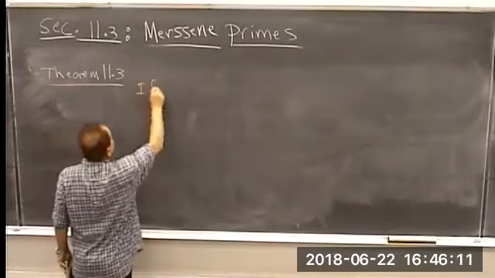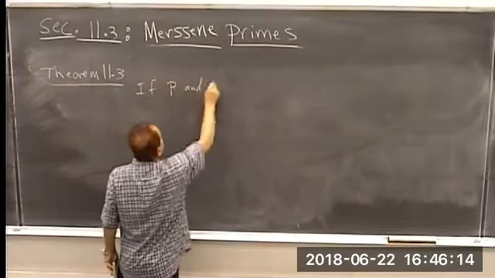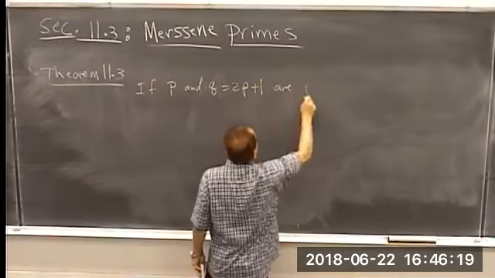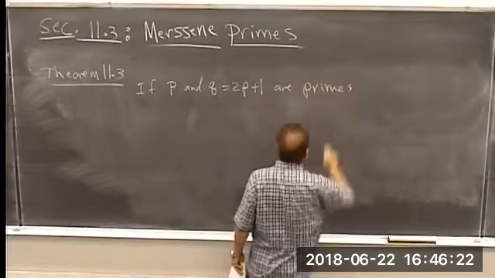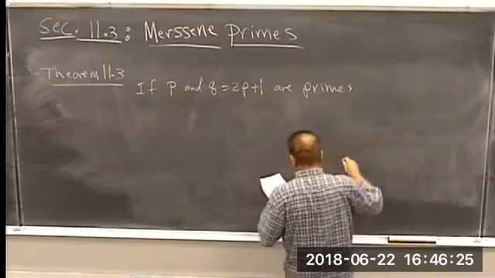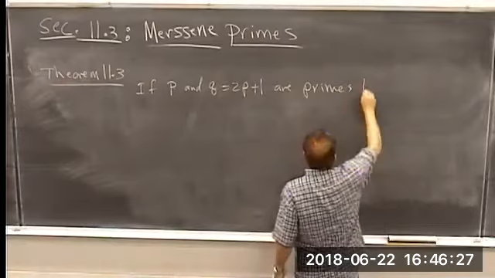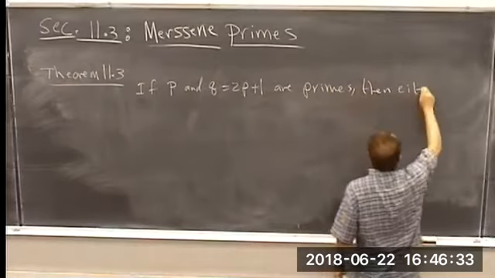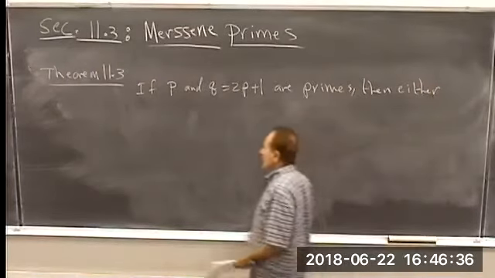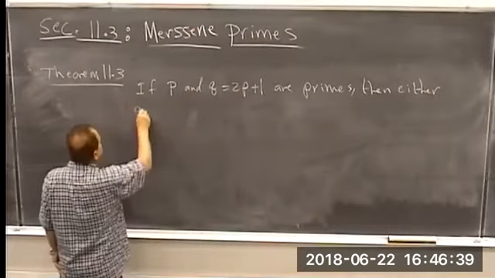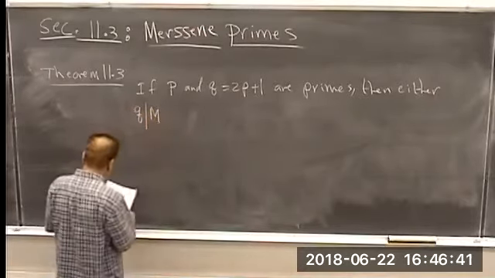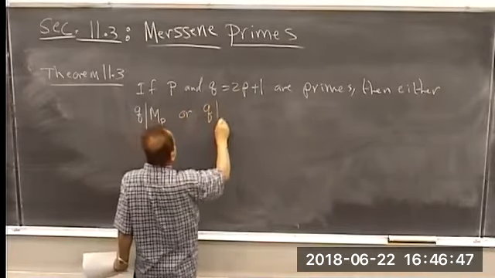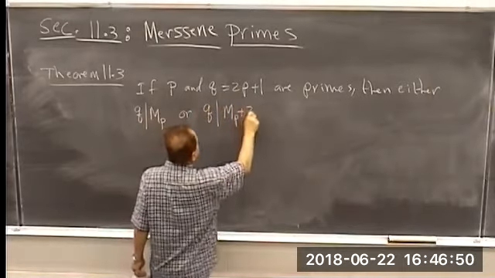If p and q, which is of the form 2p plus 1, are primes, then either q divides M sub p, or q divides M sub p plus 2, but not both.